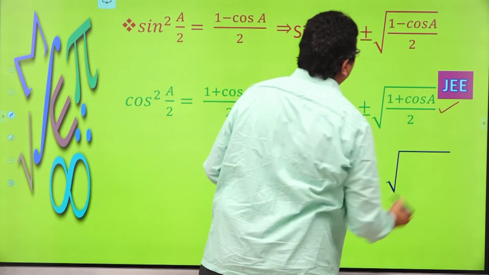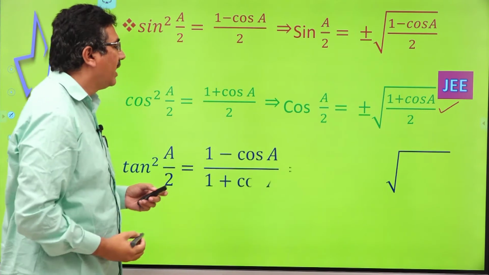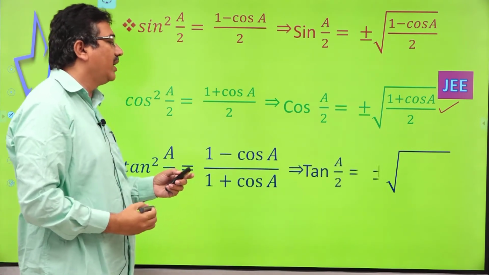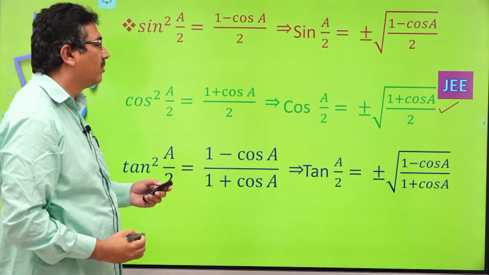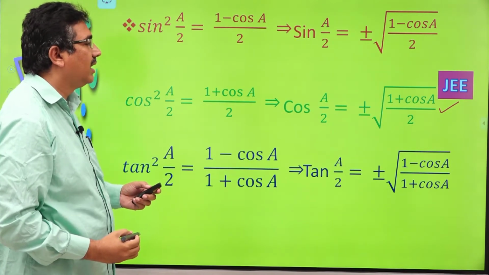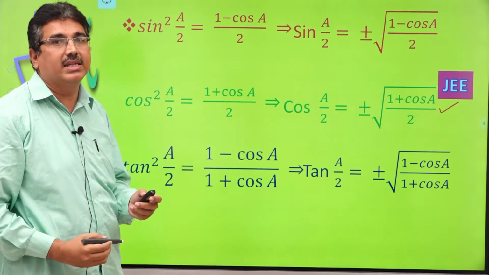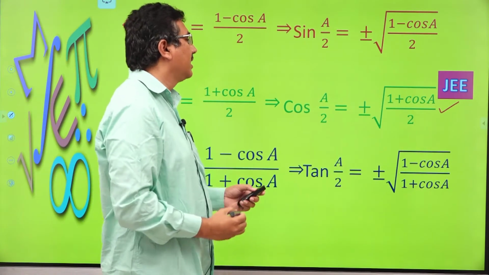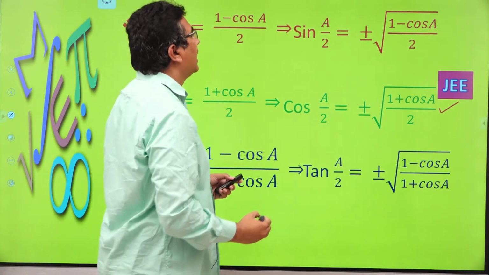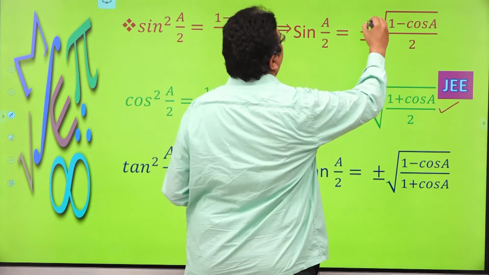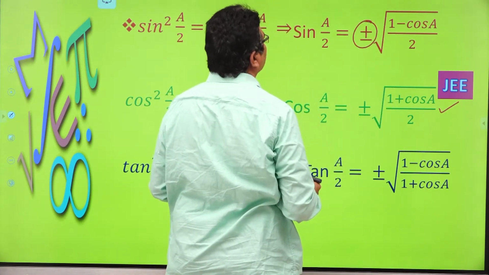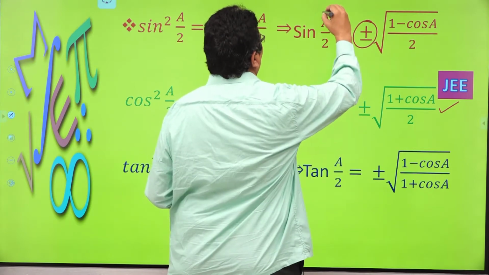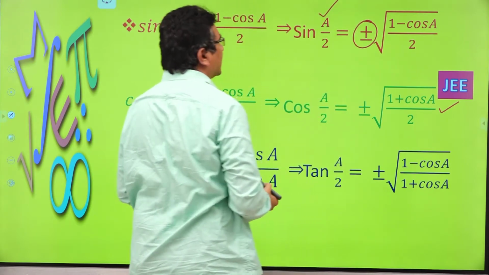Tan A/2 is equal to sin A/2 by cos A/2. That implies tan A/2 is equal to plus or minus square root of (1 minus cos A) by (1 plus cos A). Right? Here also plus or minus depends on the quadrant in which the angle A/2 lies.